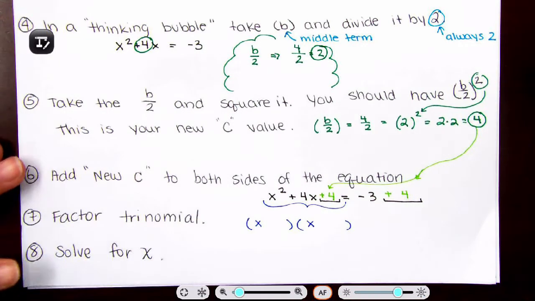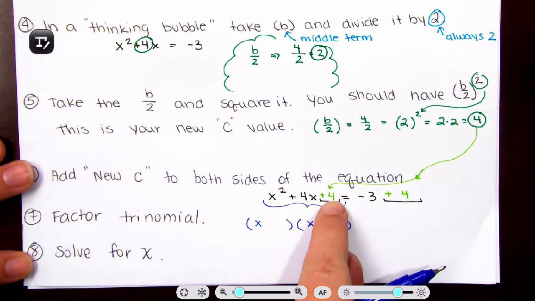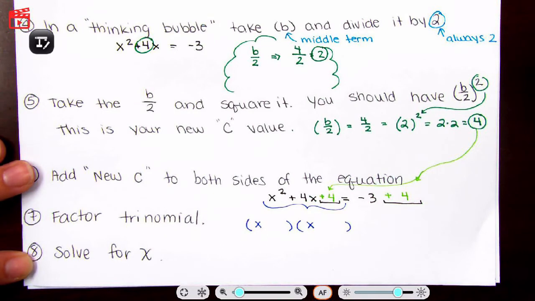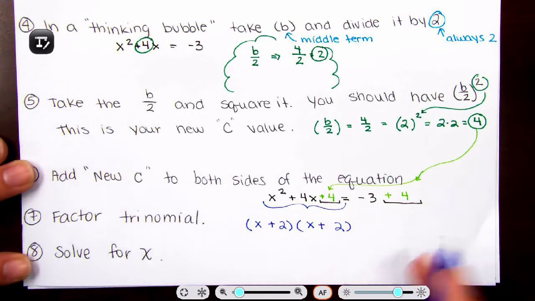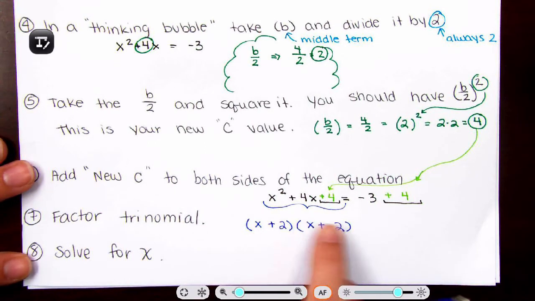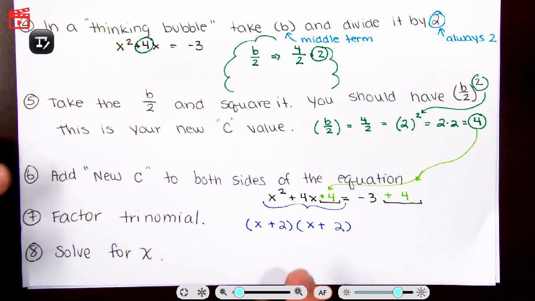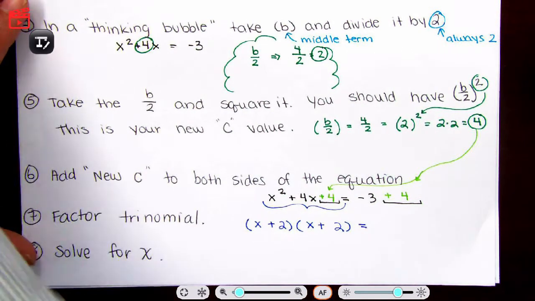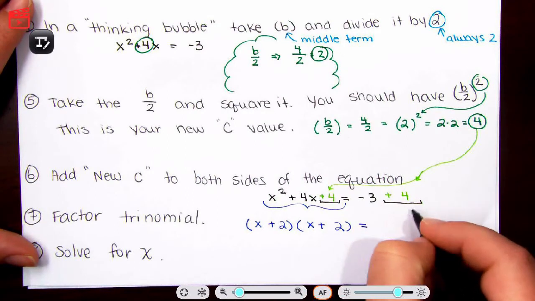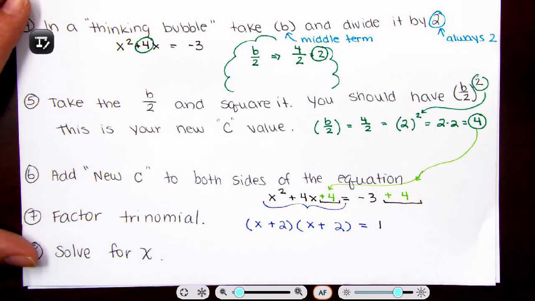We need two numbers that multiply to get 4 but add up to get positive 4. In this case, it's 2 plus 2. And you're always going to get a perfect square here, meaning you can rewrite this as bubble squared, but you don't have to. On this side here, you're going to just simplify. So negative 3 plus 4 is 1.